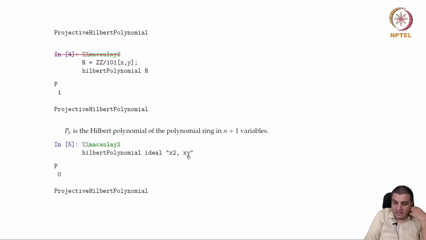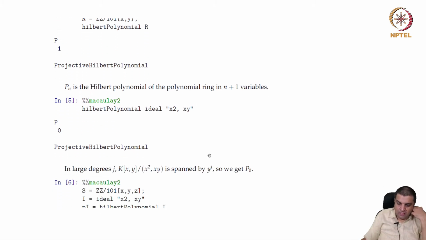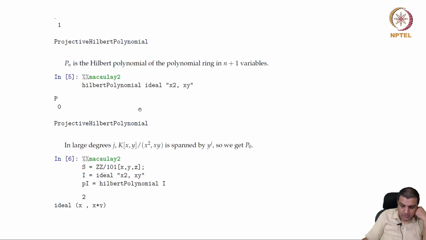If you kill this ideal, in degrees greater than or equal to 2 powers of x won't be there, and mixed terms involving x and y won't be there. The only thing left is powers of y, so it is spanned by y to the j. So it's again the constant polynomial 1, and therefore we get P0. That's what it said: the Hilbert polynomial of the quotient is P0.